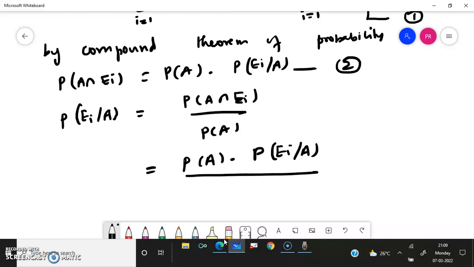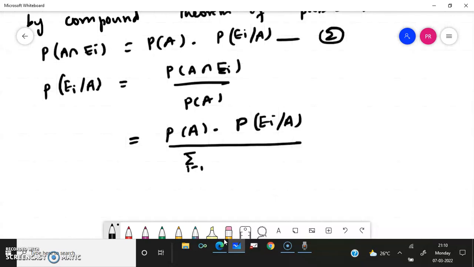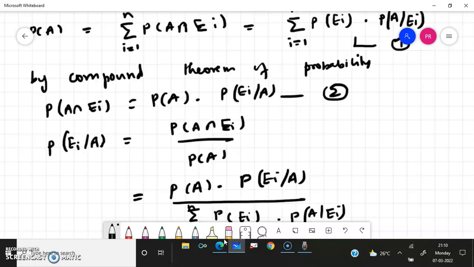What is equation 1? It is summation i equal to 1 to n of P of Ei into P of A given Ei. This we got from here, right?